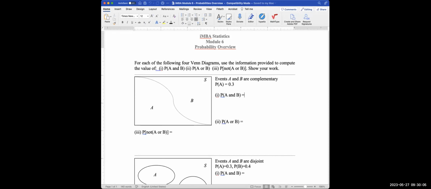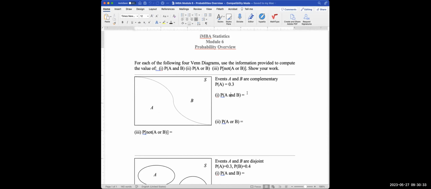No idea? It's right there on the page. So we say A and B are complementary. Either A can occur or B occurs, but both cannot occur at the same time.